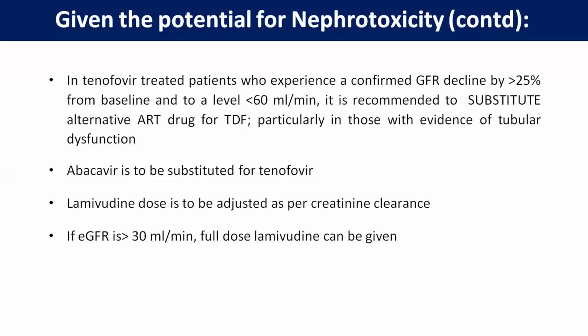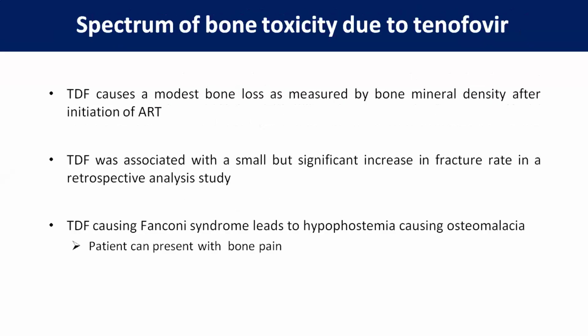Lamivudine dose adjustment is needed according to the creatinine clearance of the patient. If GFR is more than 30, the full dose of lamivudine can be used. If GFR is less than 5, then 1/4 dose of lamivudine should be used, and between 15 and 30, half dose of lamivudine should be used.